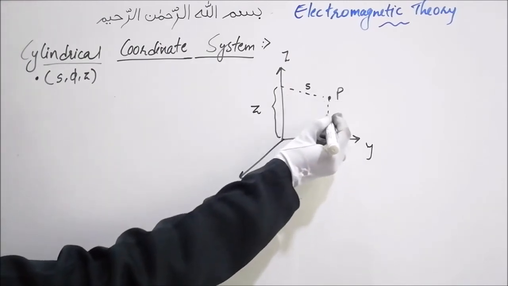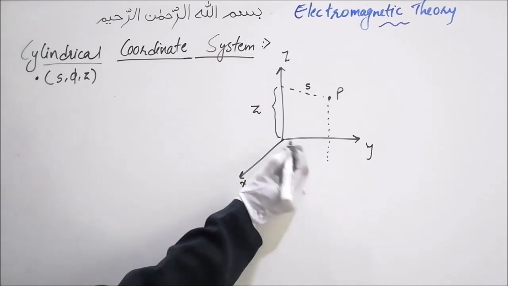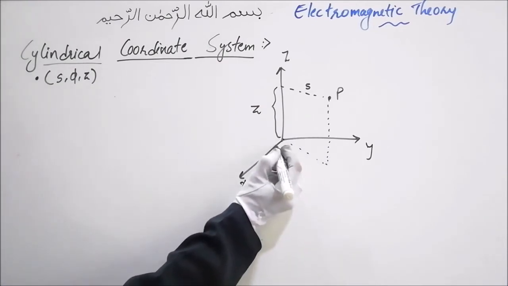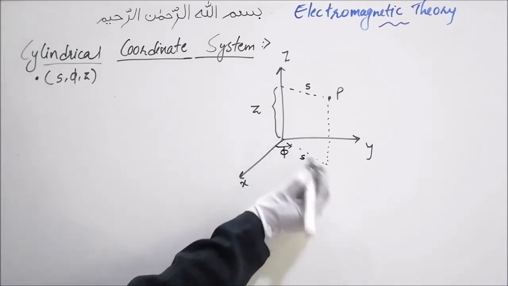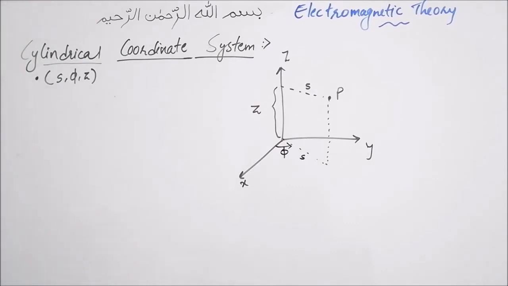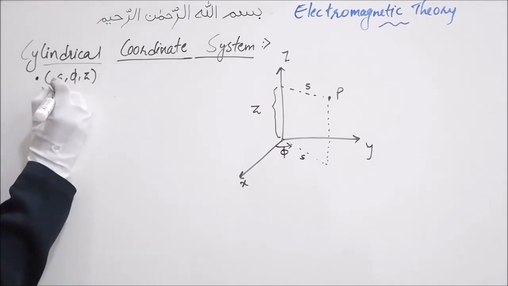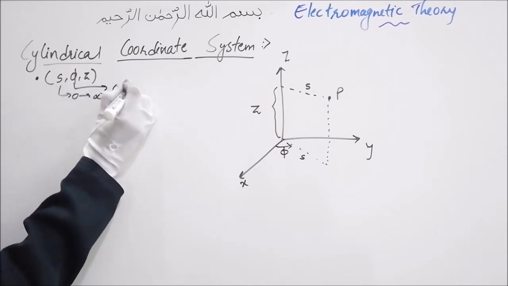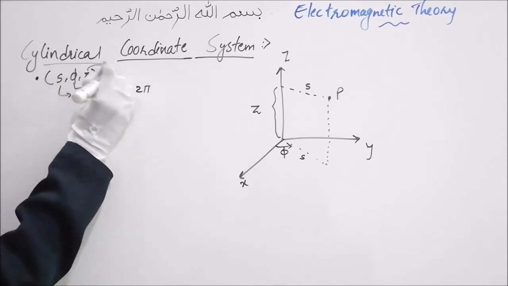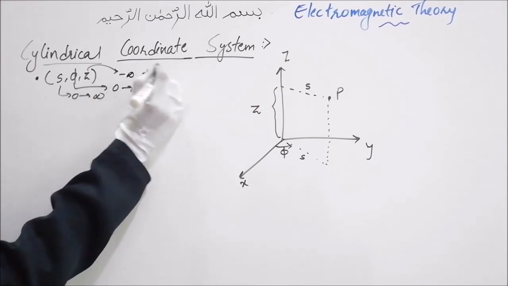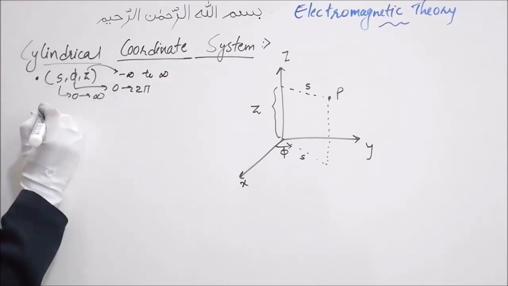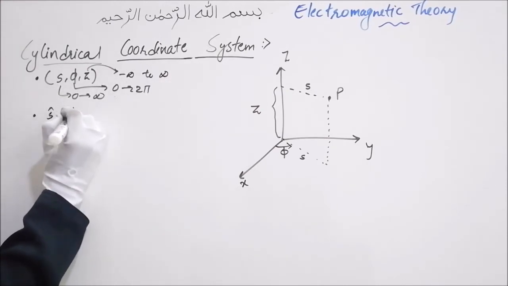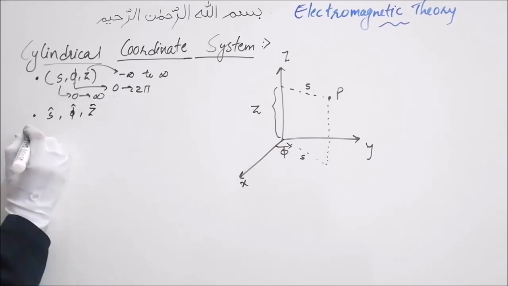And for phi again, we will take the projection of P on the xy plane, and this angle is phi. So s varies from 0 to infinity, phi varies from 0 to 2 pi, and z varies from minus infinity to infinity. The unit vectors are s hat, phi hat and z hat.